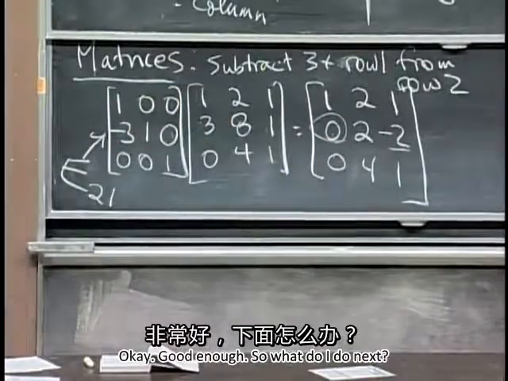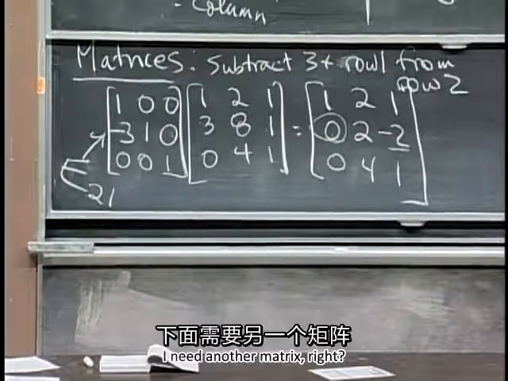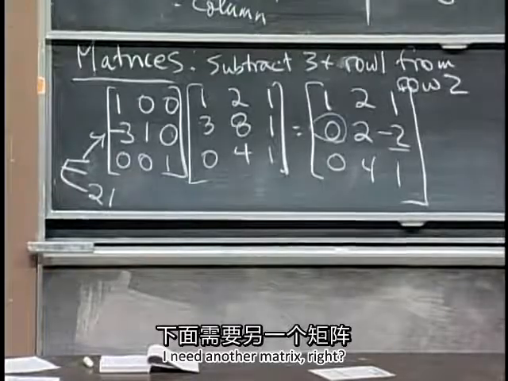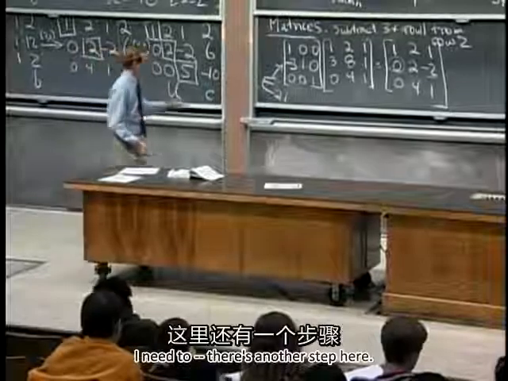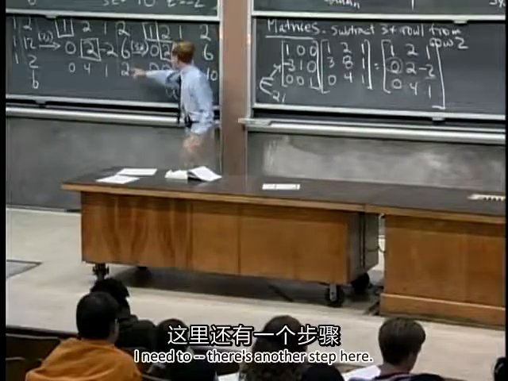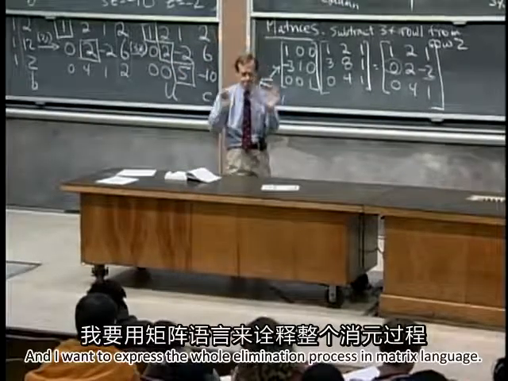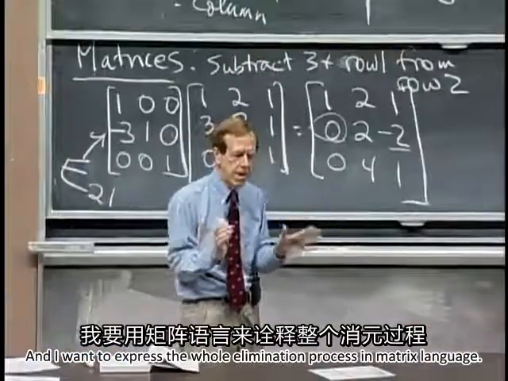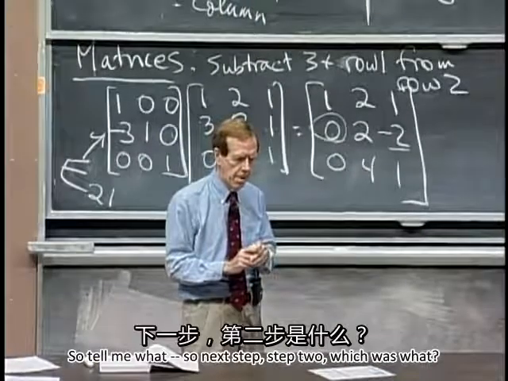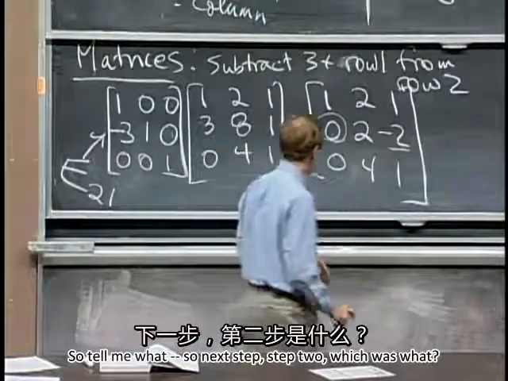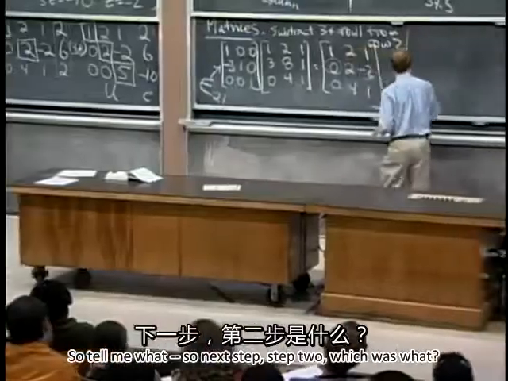Okay, good enough. So what do I do next? I need another matrix, right? There's another step here, and I want to express the whole elimination process in matrix language. So what was step 2?